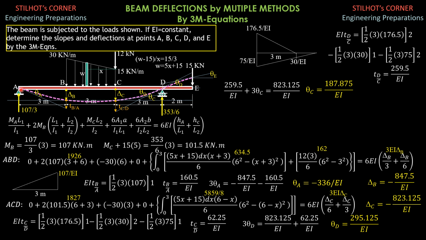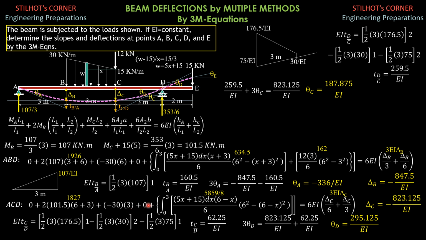Then AC is 6 over I1, which is just 1, plus LCD, which is 3 over 1, moment of inertia, plus moment at D, negative 30, times L2, which is 3, plus moment at, of course, 0.